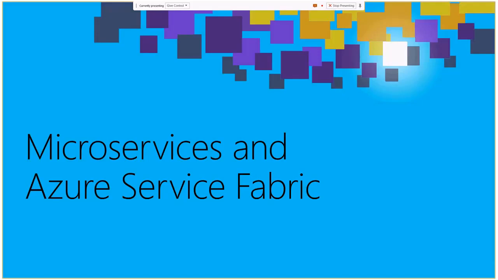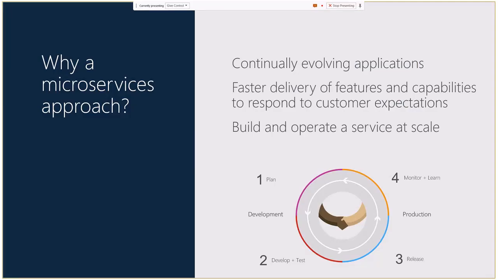So the next piece we're going to get into is the microservice architecture and Azure Service Fabric. Some of you may have heard of microservices, and if not, we're going to get into a little bit of what microservices are and why to take a microservice approach to your application development.